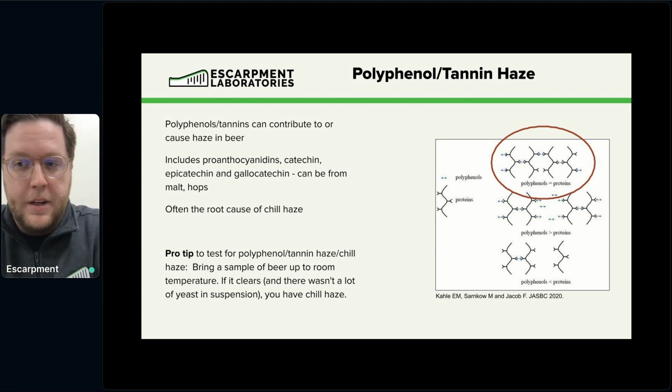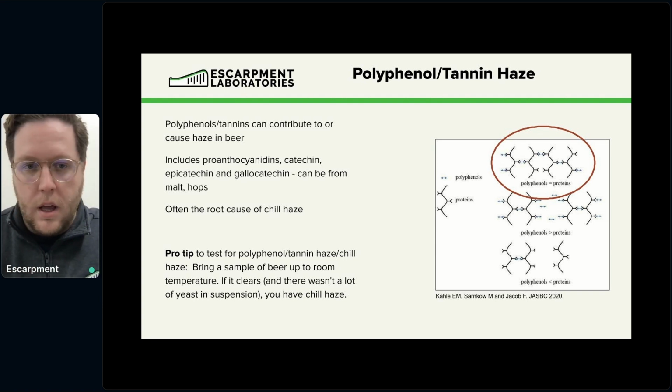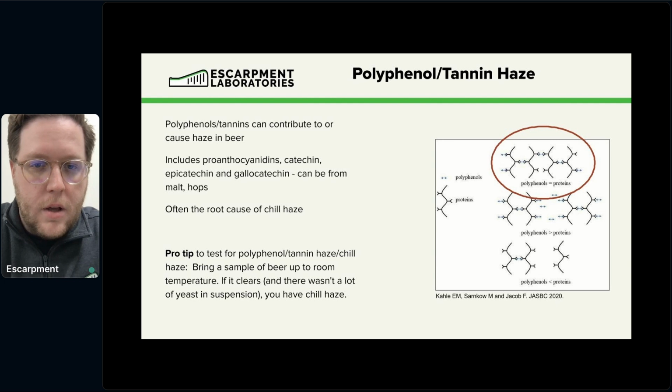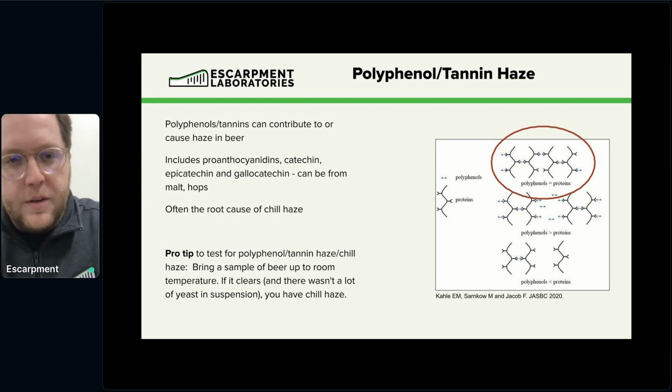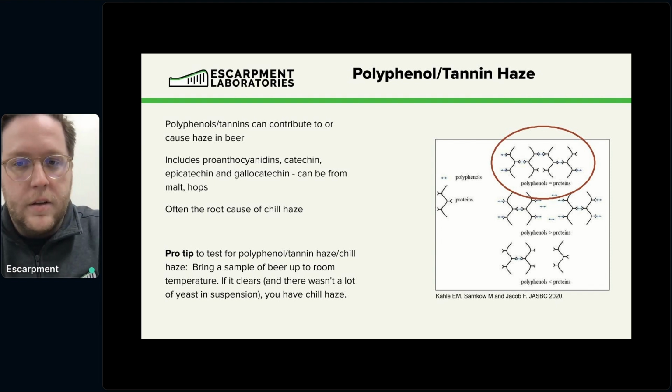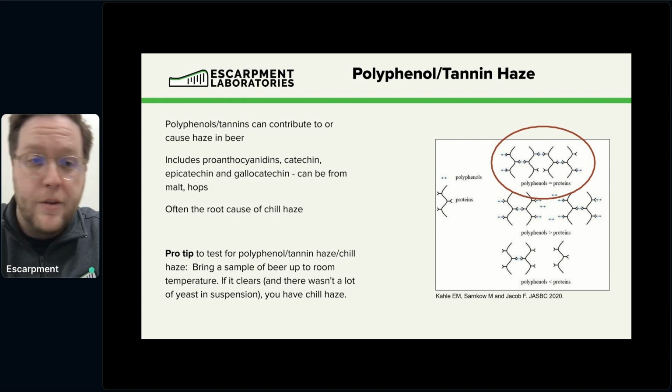We also have polyphenol and tannin haze. These can also contribute to or cause haze in beer. Another classic example of polyphenol haze is if you make a batch of iced tea and you cool it down.